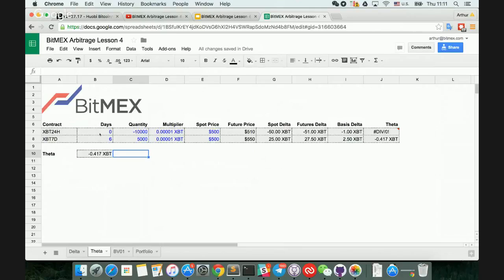This is a very important concept to calculate your theta, because what you want to know is whether your portfolio is making or losing money every day just from existing. Some trades that you put on, you're benefiting from time elapsing, because essentially you're selling volatility, and you want time to elapse as quickly as possible so that you can make the difference between two futures contracts or futures contracts and spot.